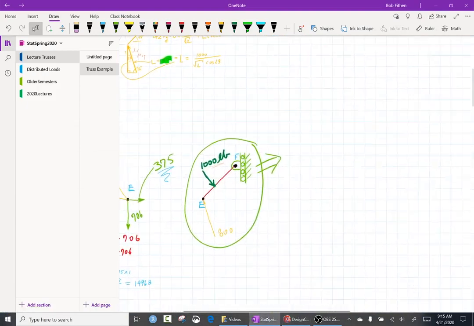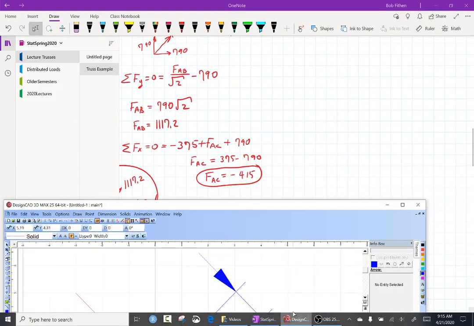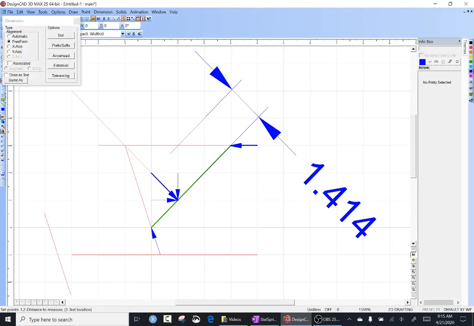So let me go down to the page here. Oh, what I should do also, I'll tell you what I'll do. I will drag this drawing over onto the page. I'll do a free form here.